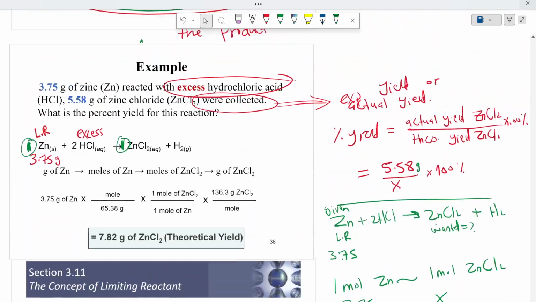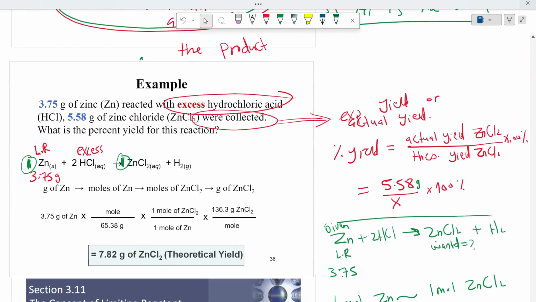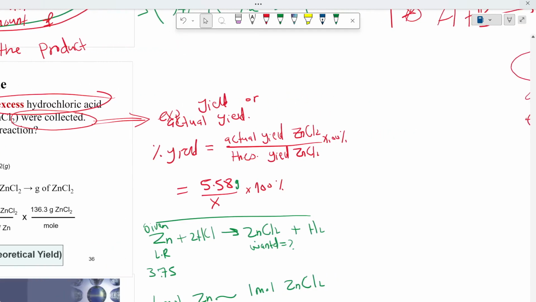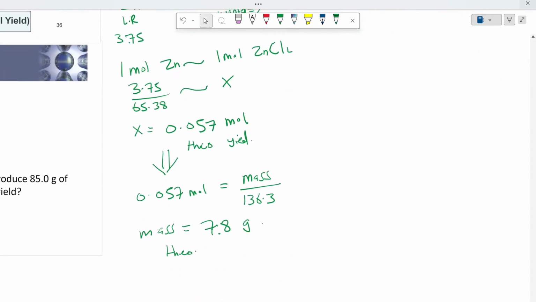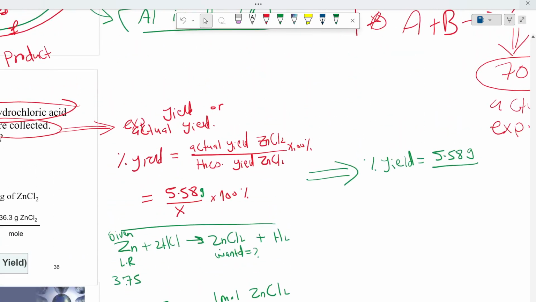Now we can easily substitute it here. The percent yield equals the actual yield, 5.58 grams, over the theoretical yield that we just determined, which is 7.8 grams, times 100%.